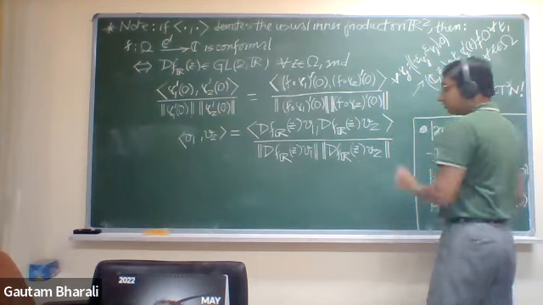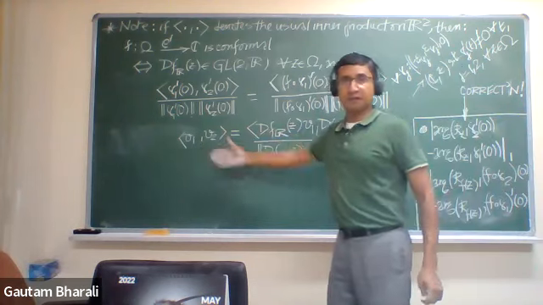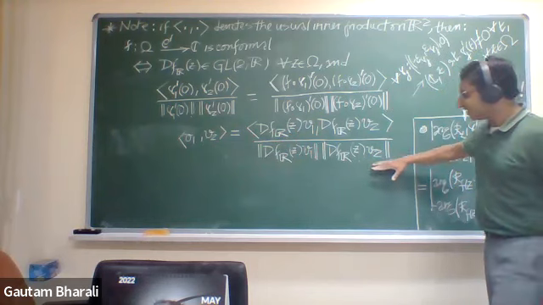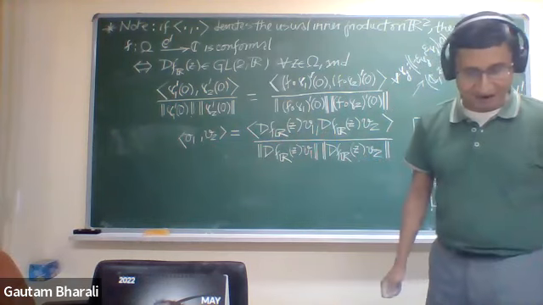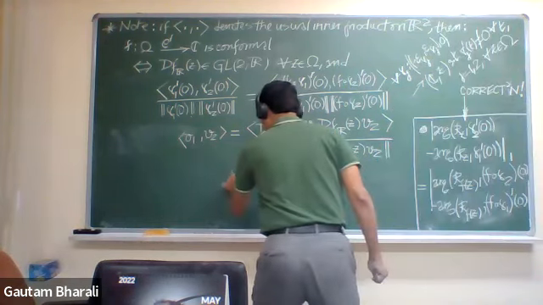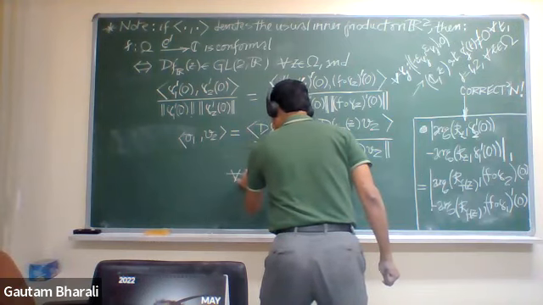Just because I took these to be unit vectors, unfortunately, I can't get away without a normalization on the RHS. It is what it is. So this is for all V1.